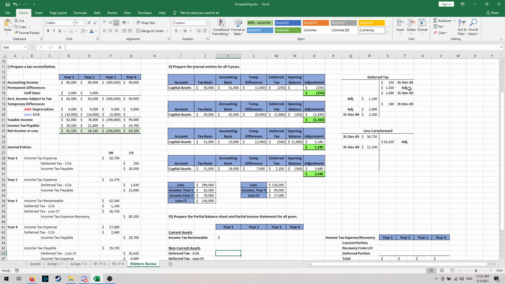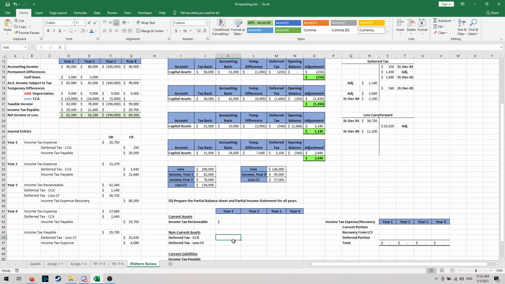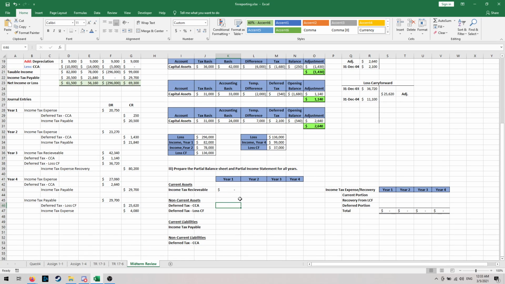We can see clearly in year 1, we had no loss carry forward and no deferred tax asset because our value in year 1 up here was a liability. It was a negative number or a liability. So we had 0 deferred tax asset for CCA and 0 deferred tax asset for loss carry forward. We did have an income tax payable. We had an income tax payable of $2,500.